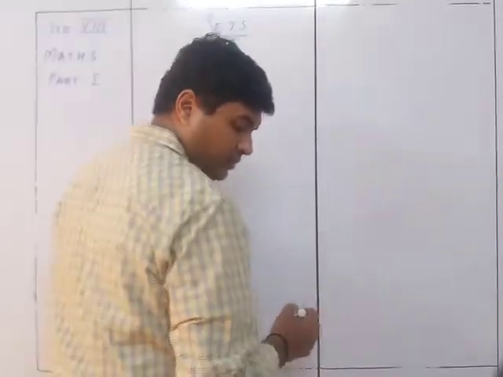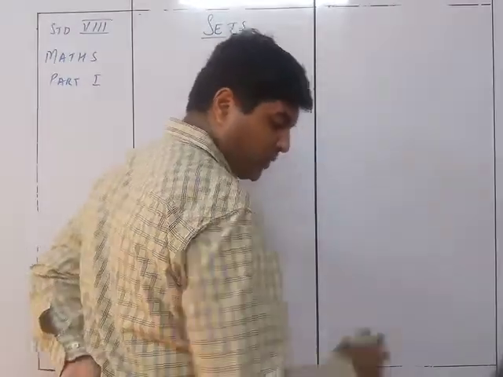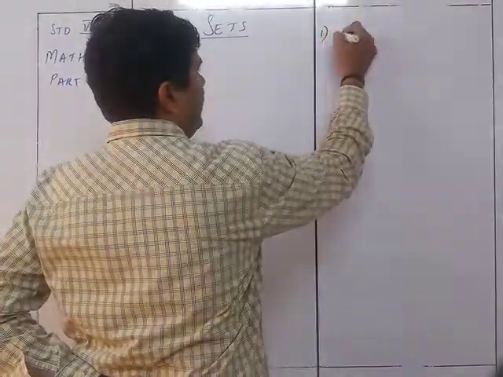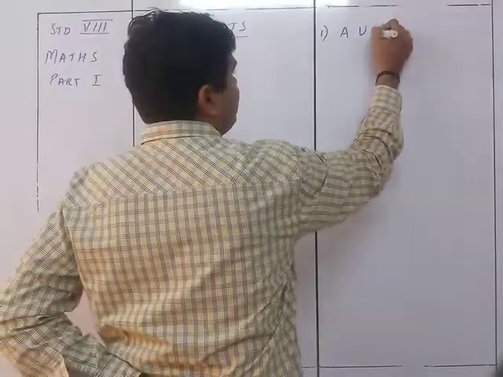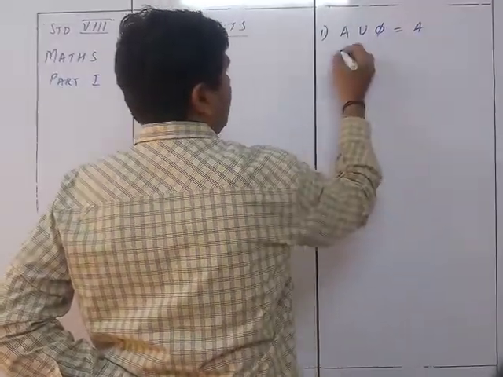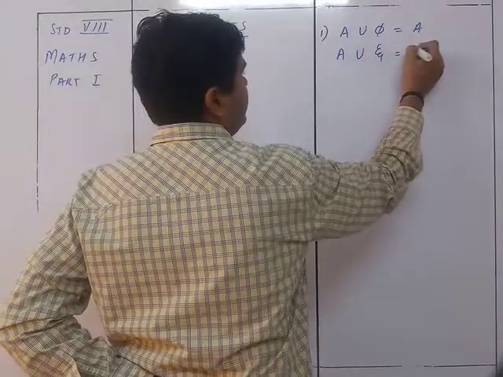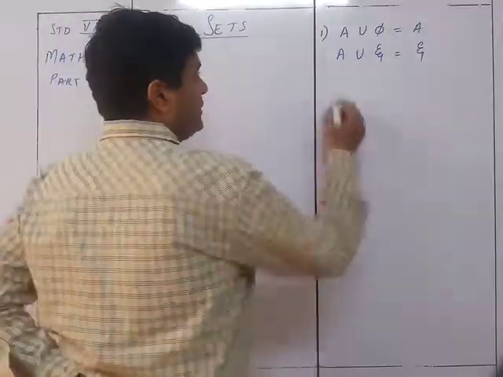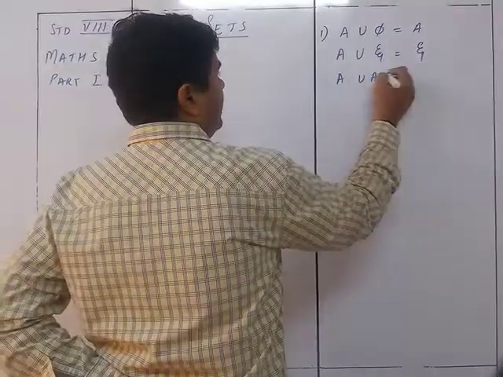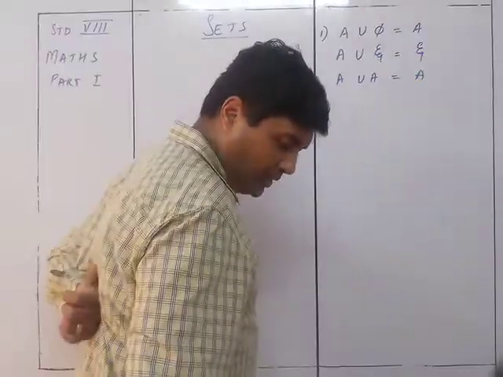We have first one as A union null set is equal to A, A union universal set is universal set, and A union A is A, of course. So there is nothing unique over here.